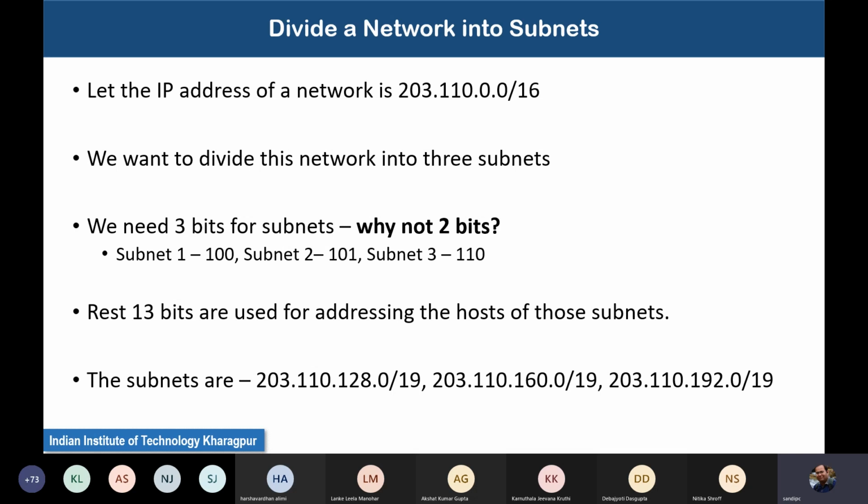Now I have 16 plus 3, a total of 19 bits used for denoting the network IP component, including the subnet, so I make it /19. Similarly, the second subnet becomes 203.110.160.0/19. And the third subnet, considering it as 110, becomes 203.110.192.0/19. That way we can create 3 different subnets.